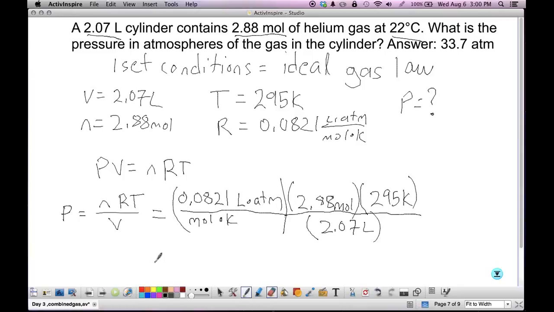Okay, and when I do the calculations for this, I get 33.7. Now let's take a look at our units really carefully. Moles cancel out, liters cancel out, Kelvin cancel out.